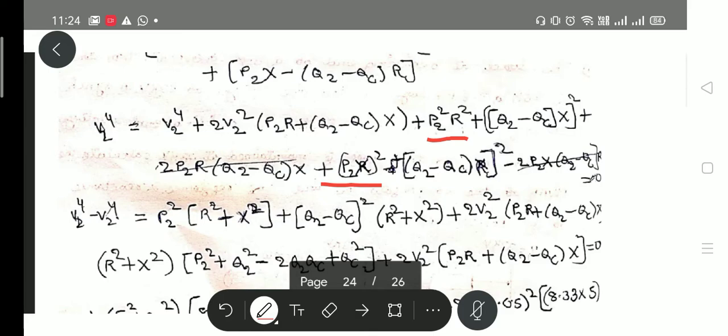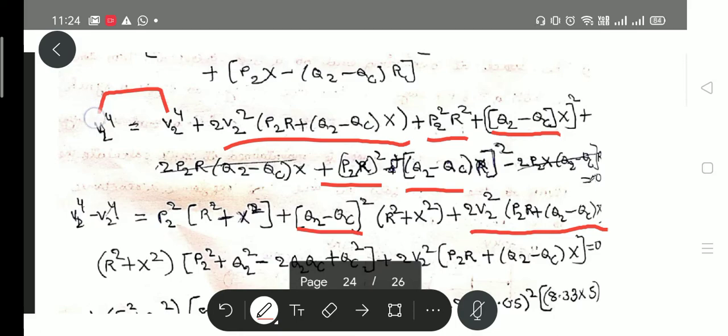Same way I am taking Q2 minus QC whole square as a common, then we will get R square plus X square plus 2V2 square P2R Q2 minus QC into X, as it is I am writing this one, this V2 power 4 from this side. So, we will get 0. In this both I am taking again common the R square plus X square.